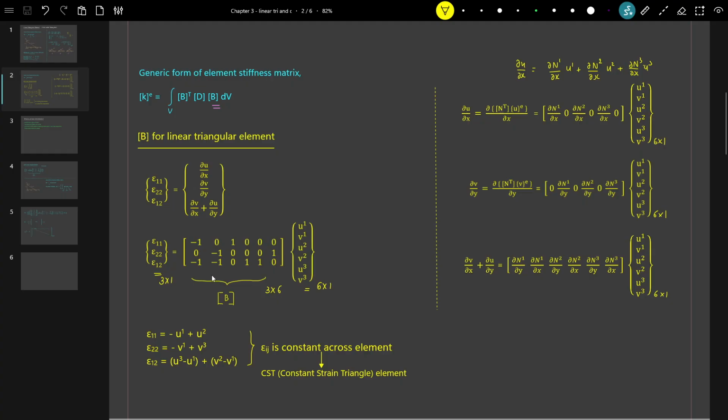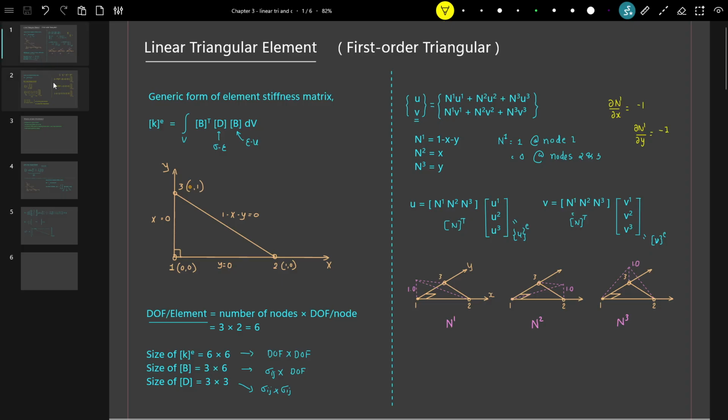If this is a matrix form, I can write it simply in linear equation form here. By multiplying this with this, I get epsilon 1 1 is equal to u2 minus u1. Epsilon 2 2 is v3 minus v1. Epsilon 1 2 is u3 minus u1 plus v2 minus v1. So we can understand this graphically as well.